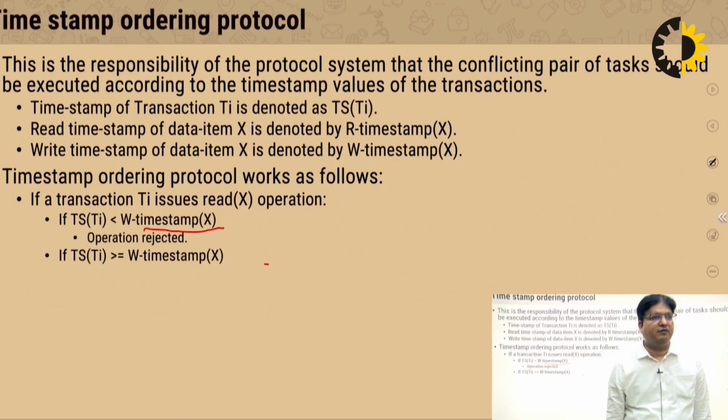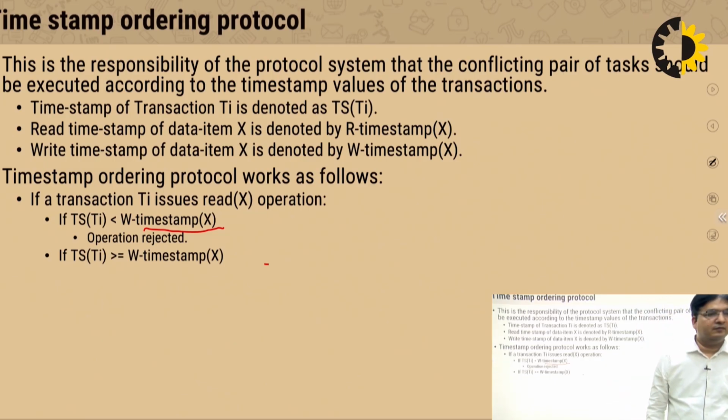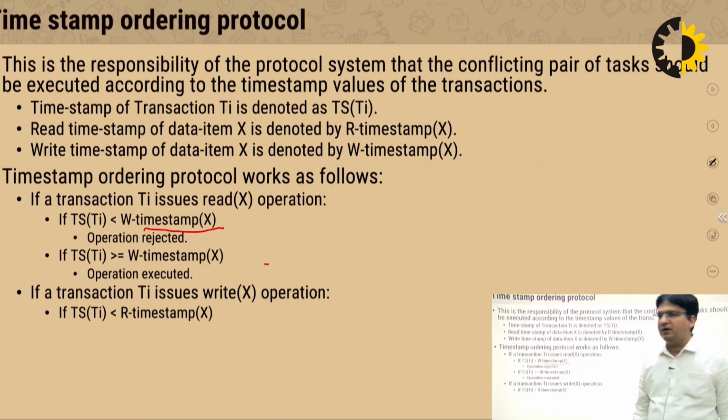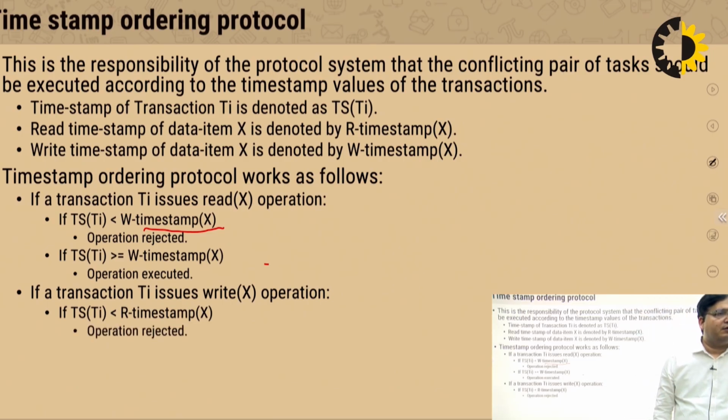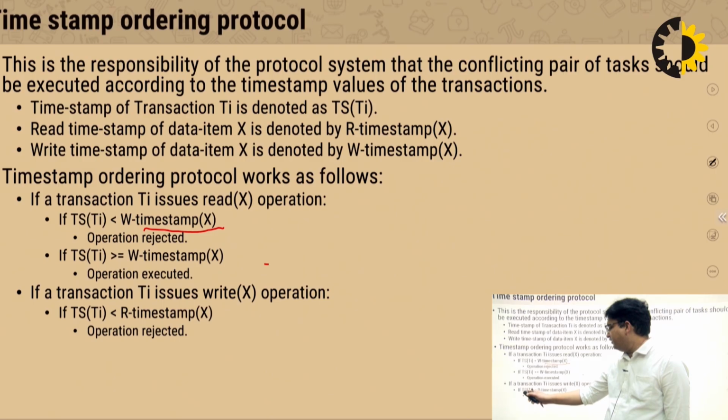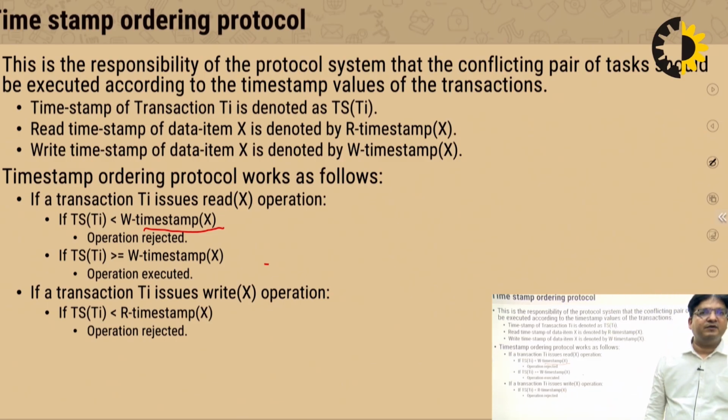Now the second scenario comes when transaction Ti wants to perform a write operation. We will now discuss the concept related to the write operation by transaction Ti. First, if TS(Ti) is less than the read timestamp, then Ti will not be given permission, because a younger transaction has already read the value that was to be updated by this transaction.